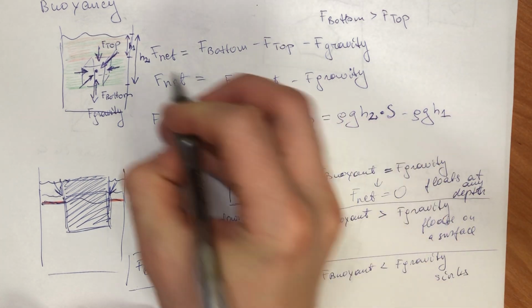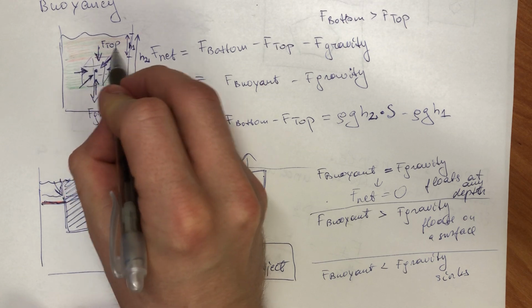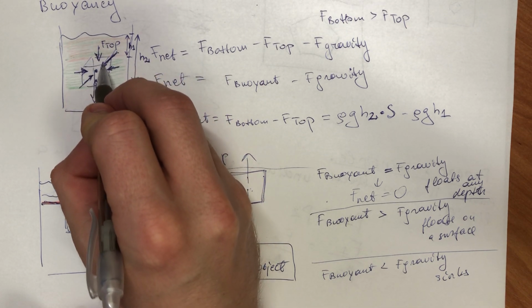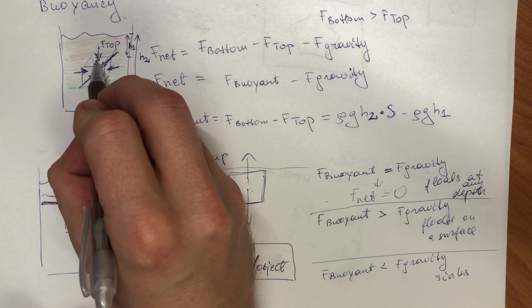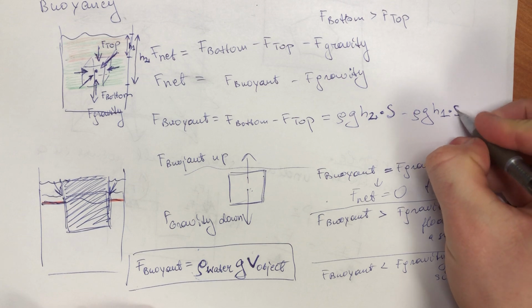Now F top is with H1 because the water above the top is putting weight on this cube's top wall, so times surface area.